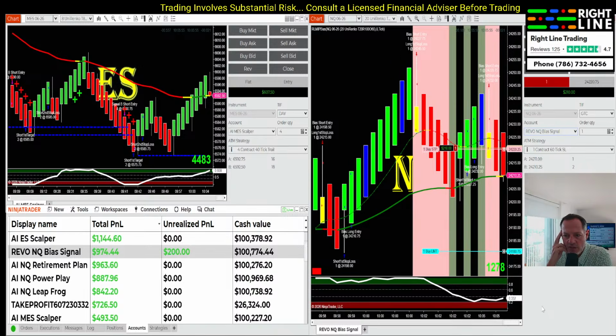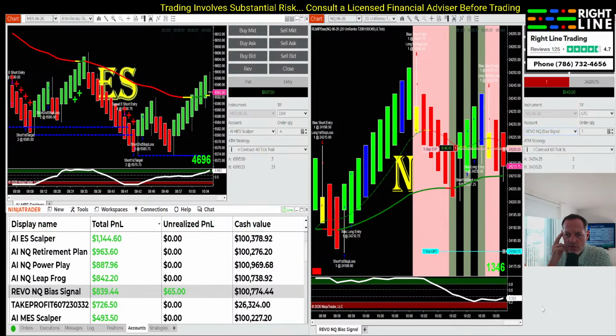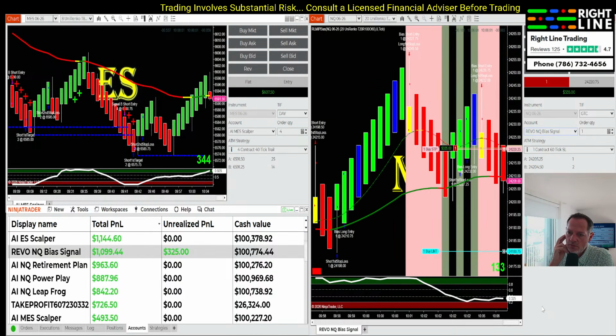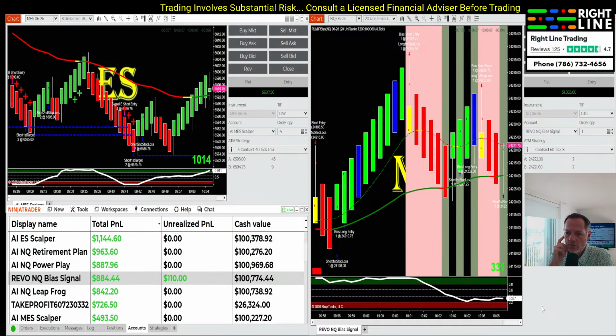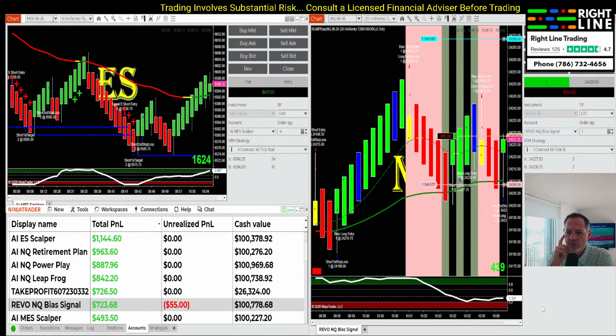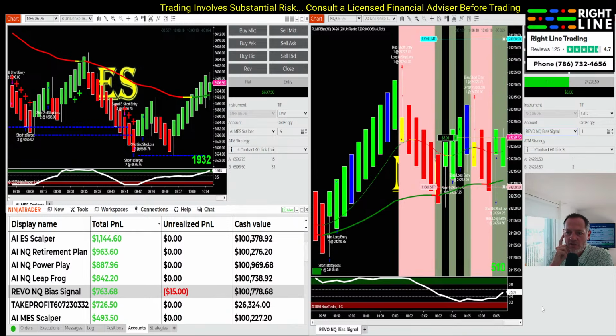That's a heck of a strategy right there. Even if it does break even. Full momentum strategy right here. Whatever way price is going, it's in.